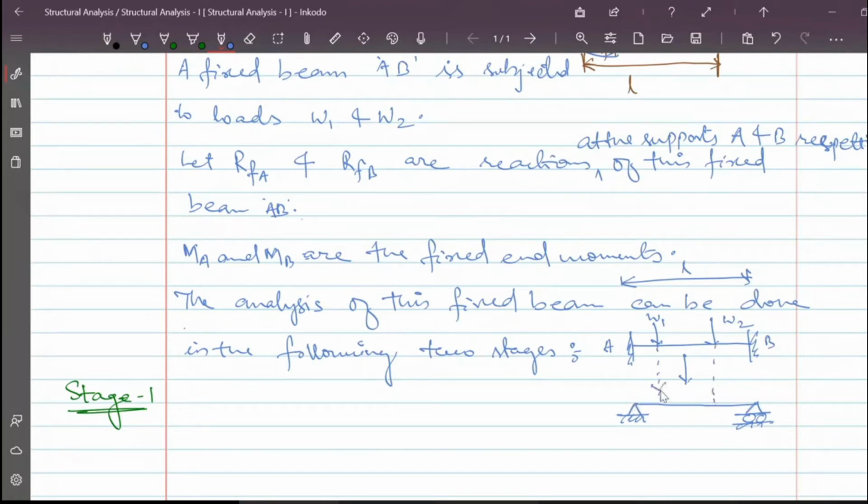Let us say this one. Here I'm having W1 and here I'm having W2. This is A. This is B. Okay. Let us say the reaction here is RA and the reaction here is RB.